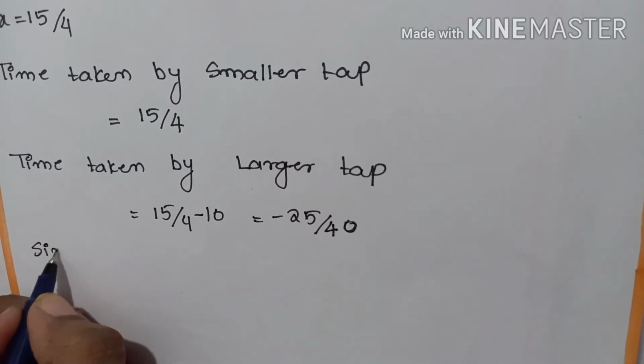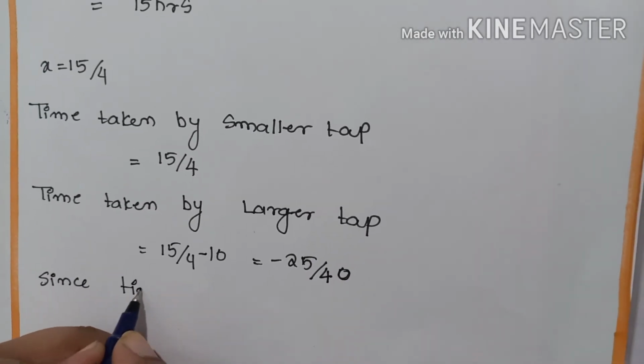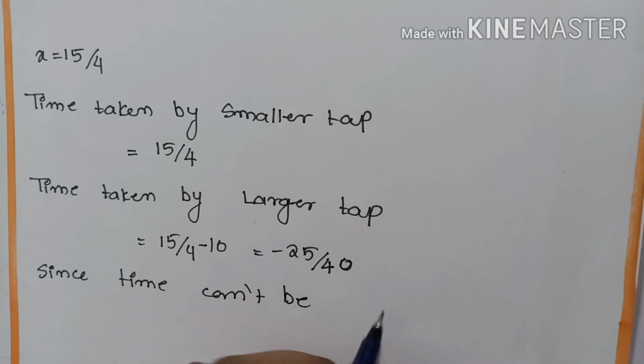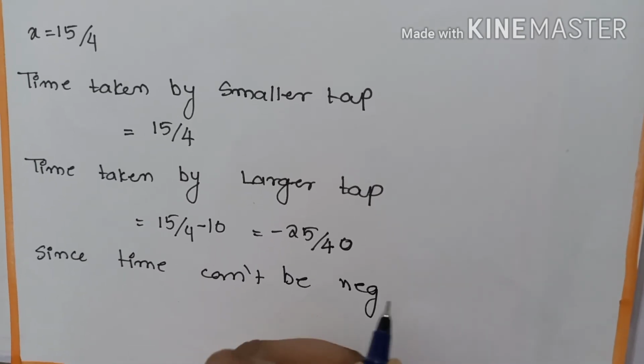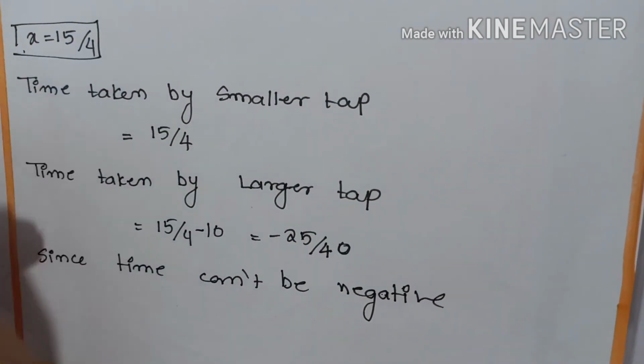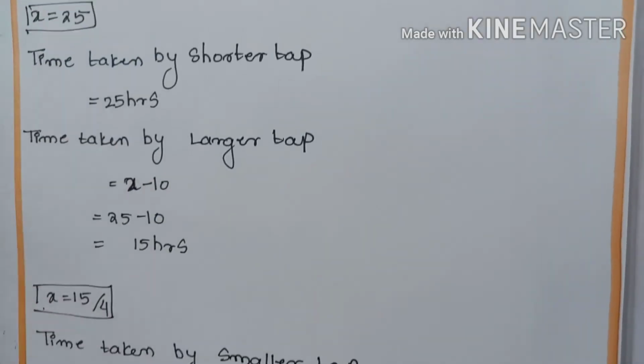Since time cannot be negative, we are not going to consider the value of x as 15 by 4, and therefore x is 25.